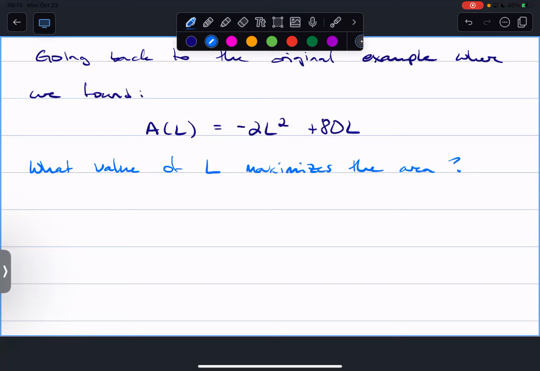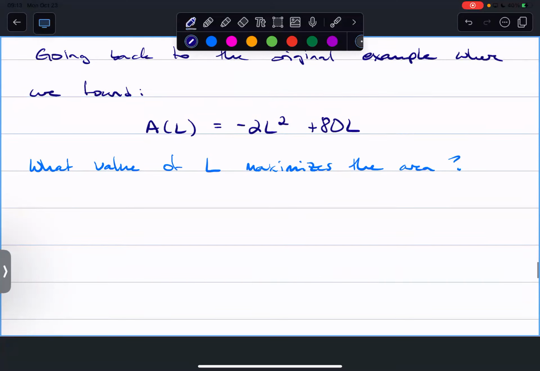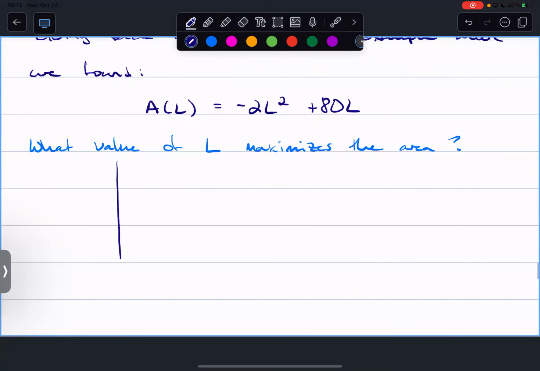So now, if we go back, I've got some length L and the output, the area of L. And so we want to find at what value this thing is maximized.